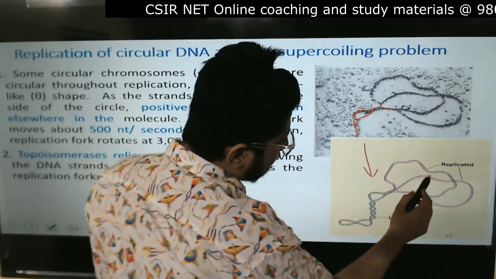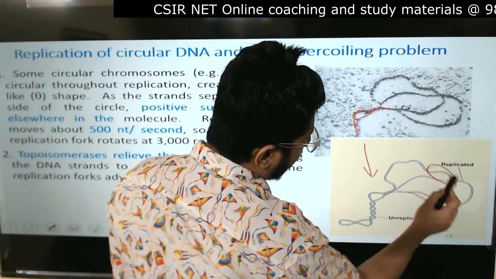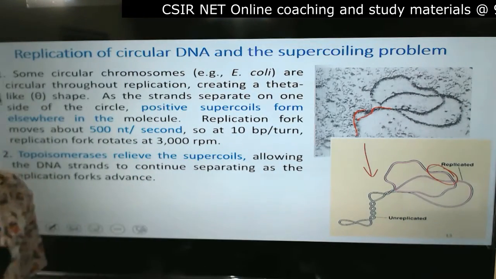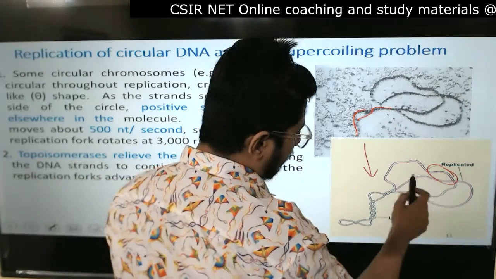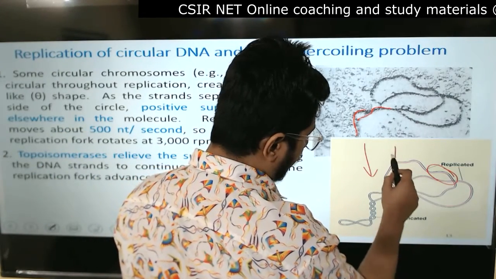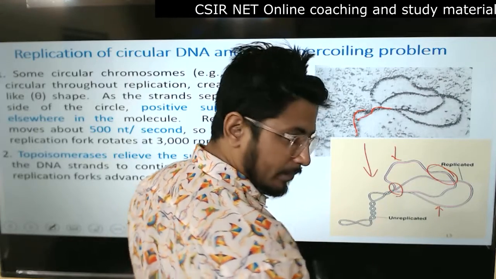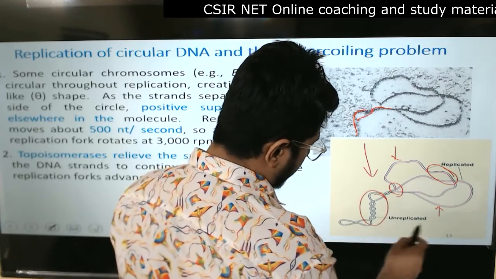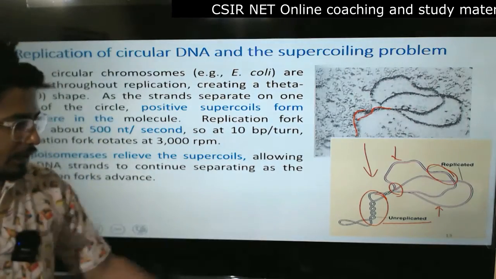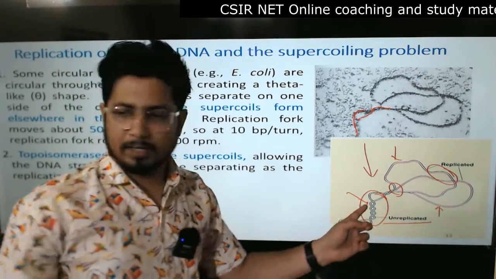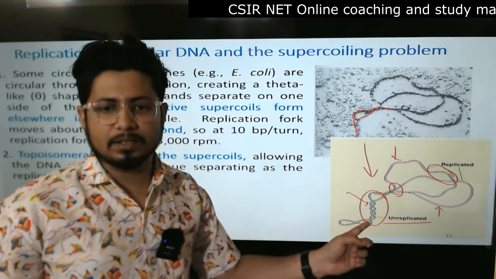You see, this is where the replication origin lies, and the fork is created and is moving in this direction. Two new strands of DNA are produced, and as it's moving, upstream of the fork the unreplicated regions form supercoil. So you need to release the supercoil.